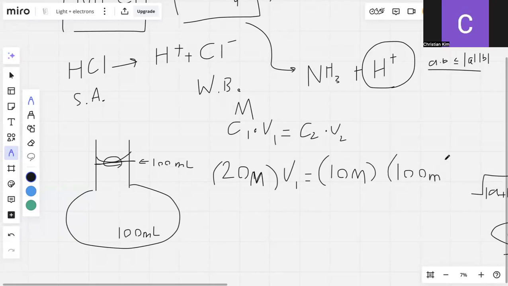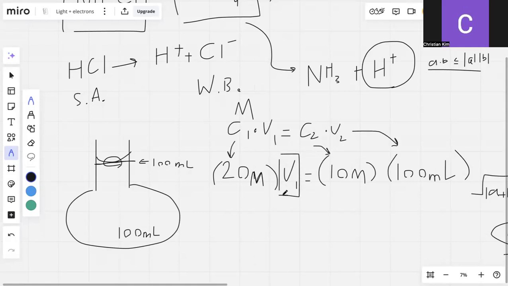So then the question becomes, what volume of my original stock do I need to add into my new volumetric flask? I set up the equation over here where I know the first concentration, I know the second concentration, and I know the volume of the second concentration that I want, but I do not know what volume of the original concentration I need to add.